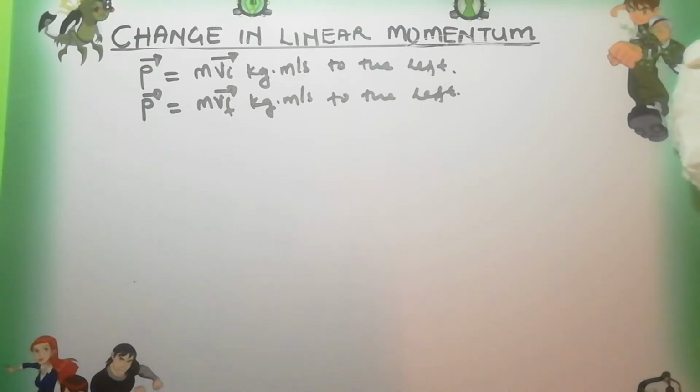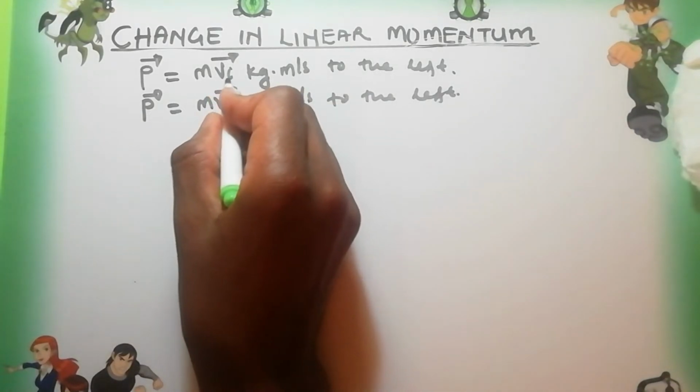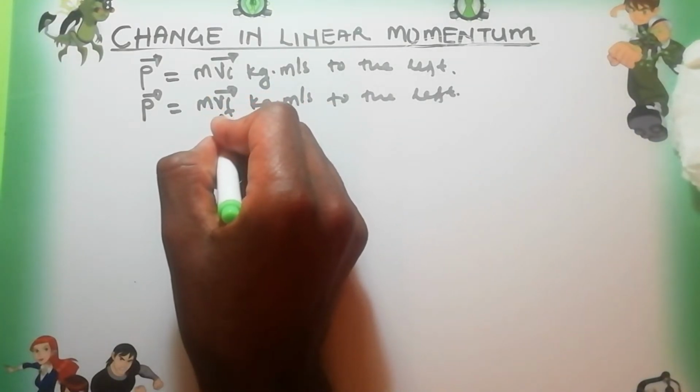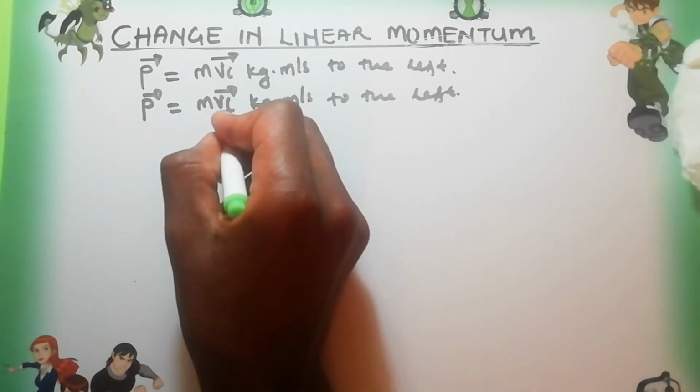So you can see that the truck's momentum changed because the velocity changed. Why am I saying the velocity has changed? Because in our first momentum we have vi. Now in the second, or final momentum, we have vf. So these velocities are not the same in terms of variables.